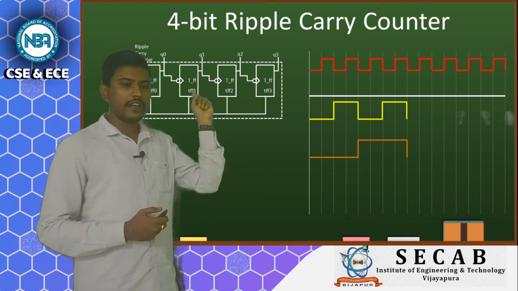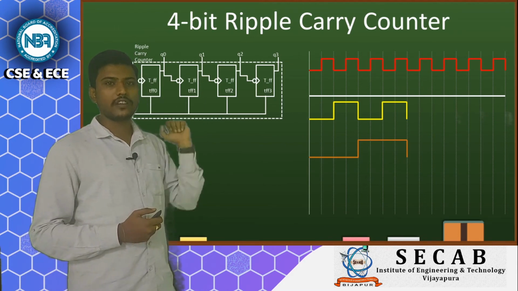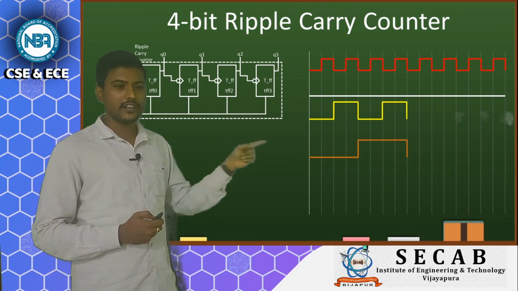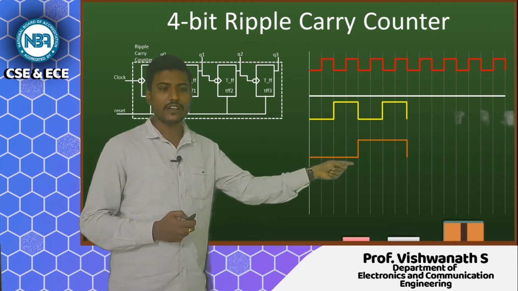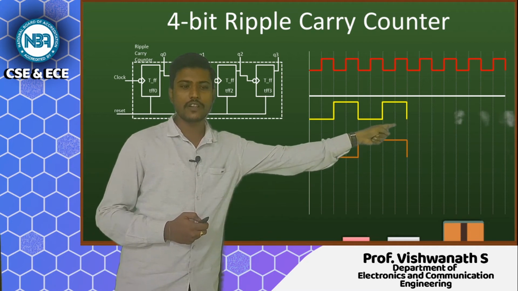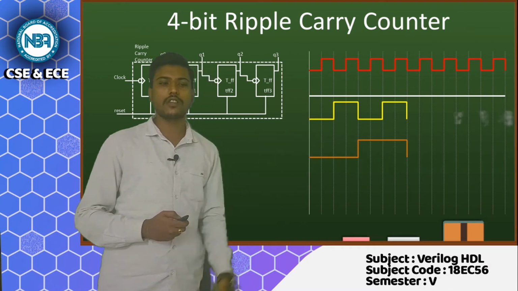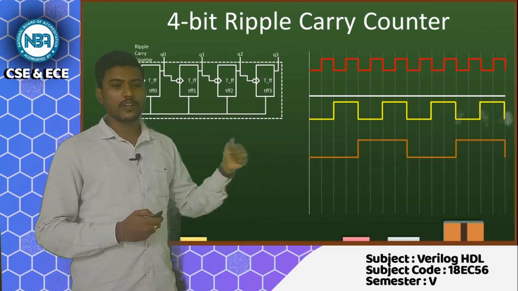So, whenever there is a neg edge, this flip flop is going to trigger. As you can observe, initially it was 0 and at the neg edge it got triggered to 1, and at this particular neg edge again it went to 0. So, 2 times it got triggered.